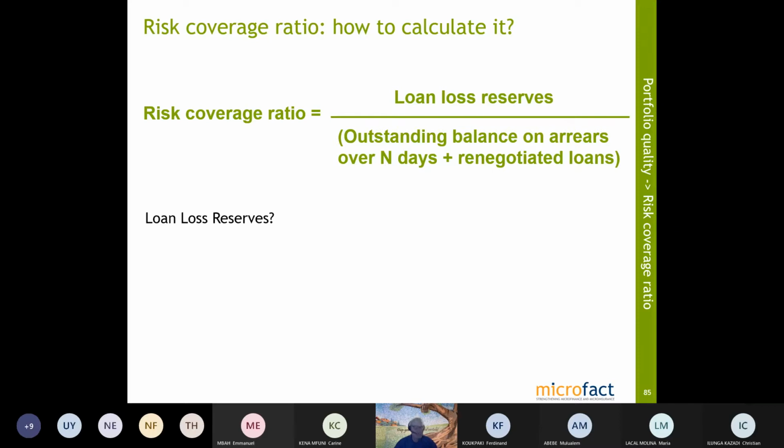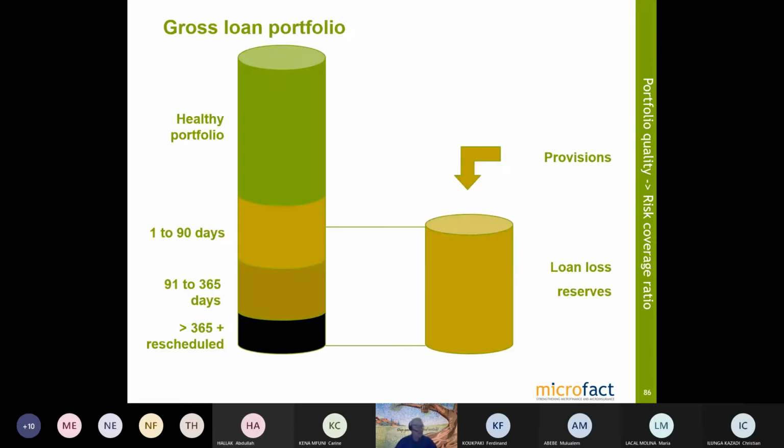It's two balance figures. What are my loan loss reserves? I will show it in a figure that will make it more clear, but actually it's constituted, is created by your loan loss provisions. So it's a non-cash item, but I think I will not tell too much. I will show it on the screen and then it will be much clearer. All right.